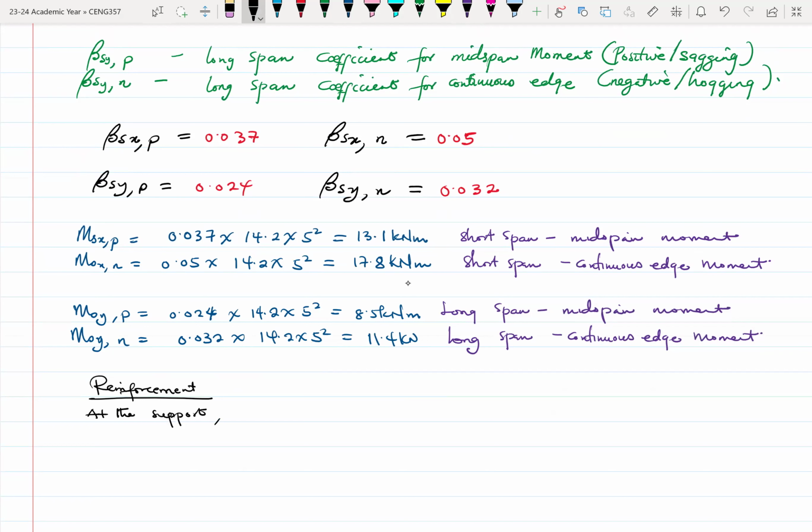So at the support, the slab is going to resist hogging moments in both short and long span directions. Okay, just take note of that. It's not always the case. All right.